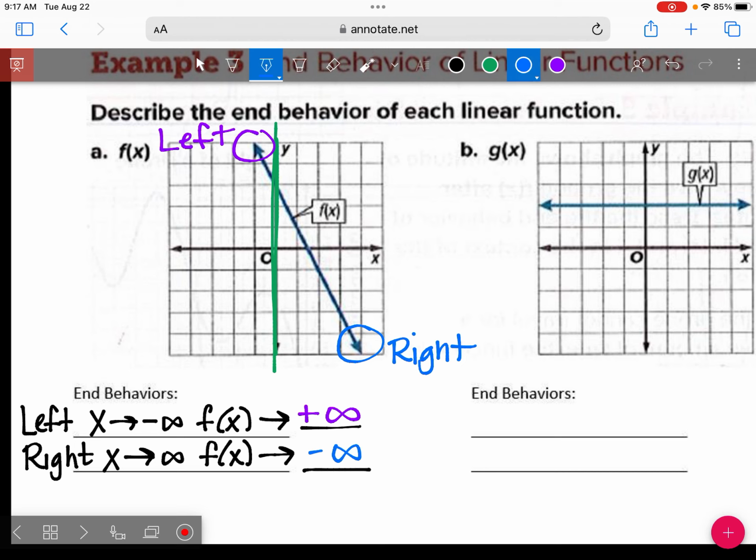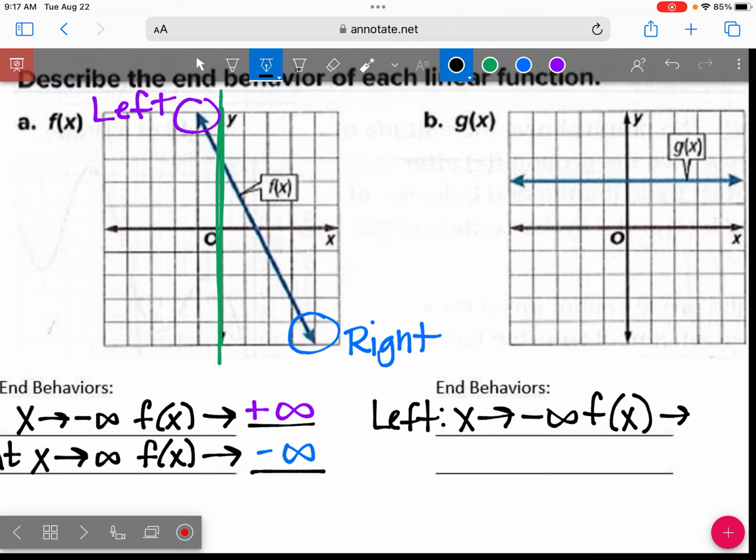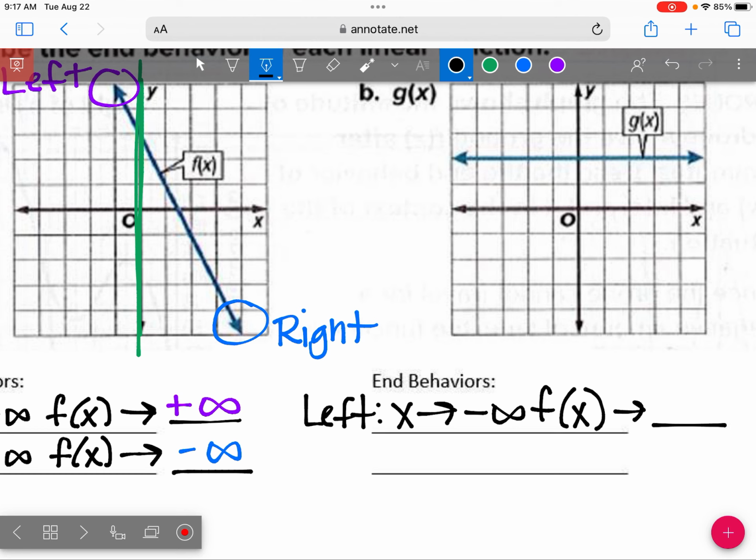Let's go ahead and rewrite our end behavior statement on this second graph. So x approaches negative infinity, f of x approaches, and we're going to put a line. On the right side, x approaches positive infinity, f of x approaches, and we're going to put a line.